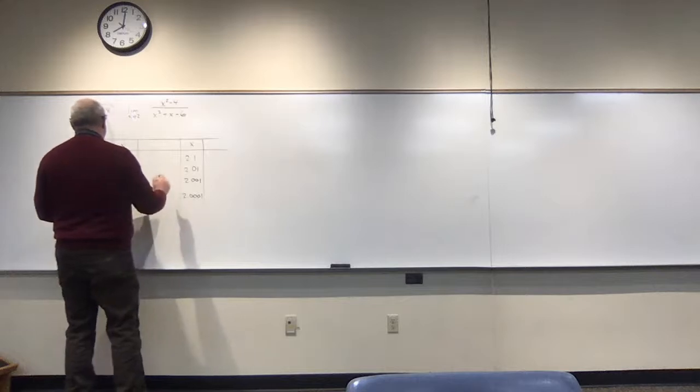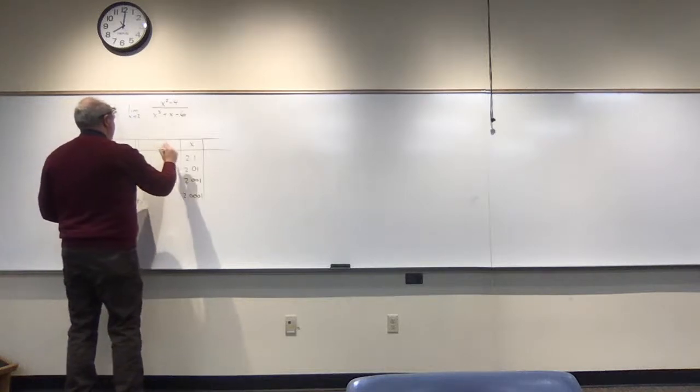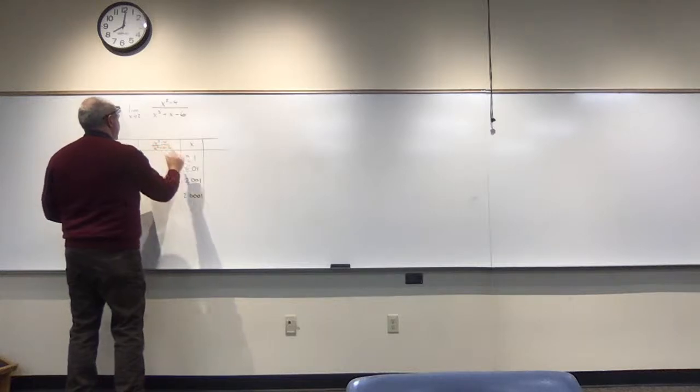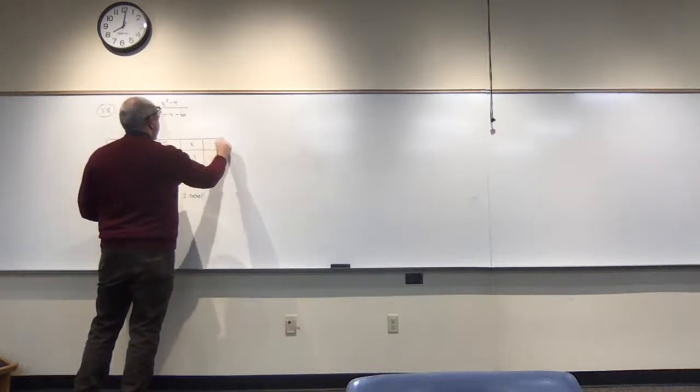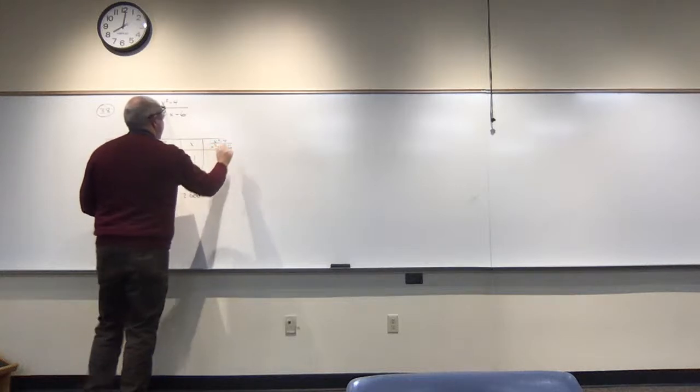And then see what we get out, so to speak, for our limit. Well, not our limit, but x squared minus 4 over x squared plus x minus 6. Same thing here, x squared minus 4 over x squared plus x minus 6.